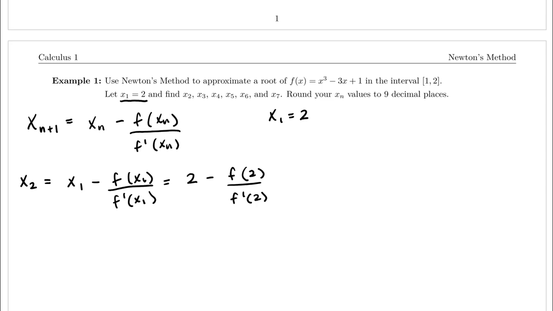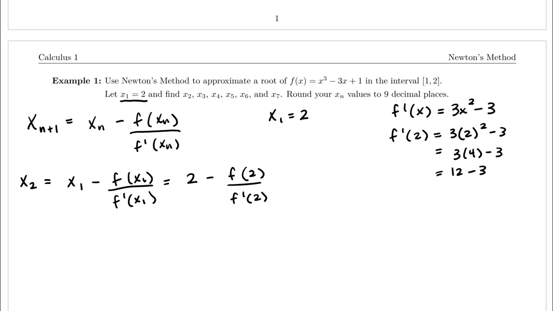Okay, so in order for us to be able to simplify this, I need to find the derivative. So I'm going to come off to the side here and do that. I have f prime of x is equal to 3x squared minus 3. Now I can use this formula to evaluate f prime of 2. And we get 9.